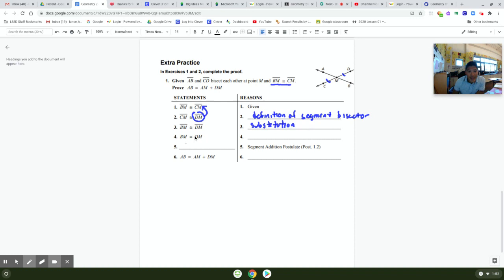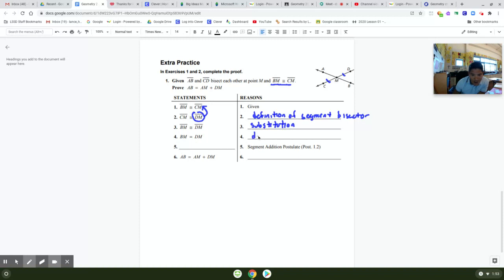All right. And then statement 4 is given. The length of BM is basically what this states is equal to the length of DM. If you look at the previous statement, the 2 segments are congruent, then the lengths are equal. Maybe you think about it, pause. But that would be the definition of congruent segments.